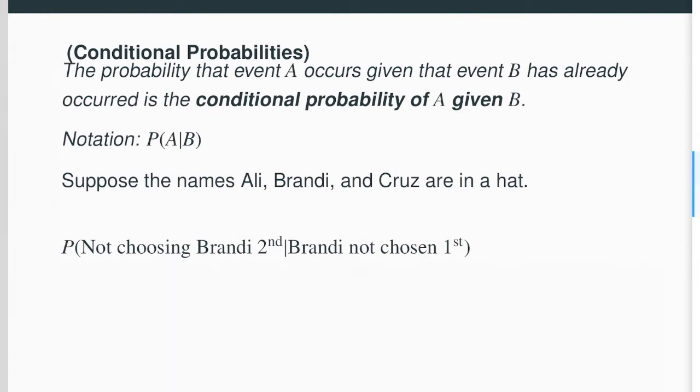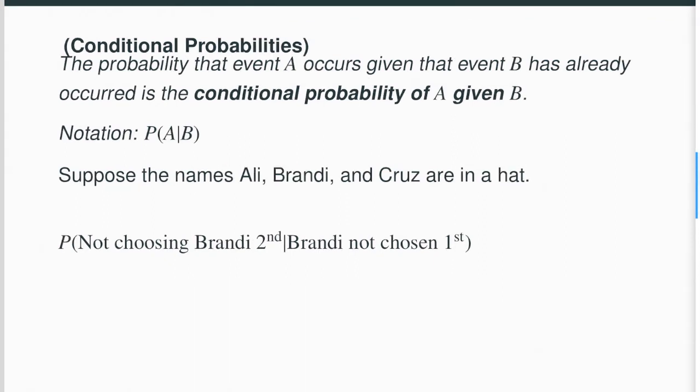We call this the conditional probability of A given B. And we use this notation where we write P and then we have A and a line B. Again, we read that out loud as the probability of A given B. So we're really looking at the probability that A happens given that event B has already happened.